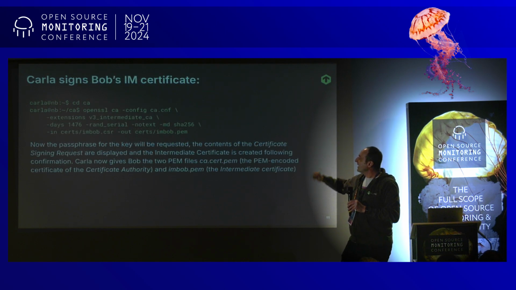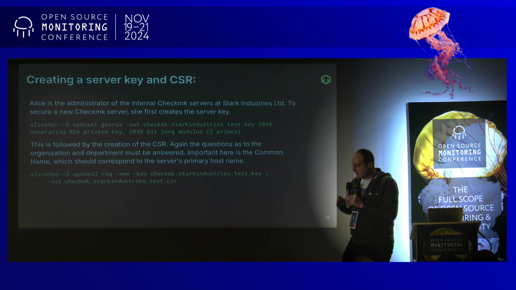With this signing request, Bob goes to Carla, who maintains the root certificate. Carla signs Bob's intermediate certificate. Bob gets 2 PEM files, the CA PEM file and the PEM file for the intermediate certificate.